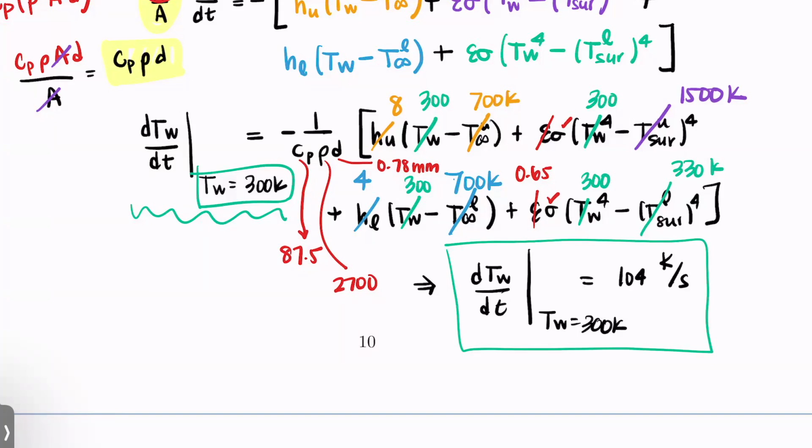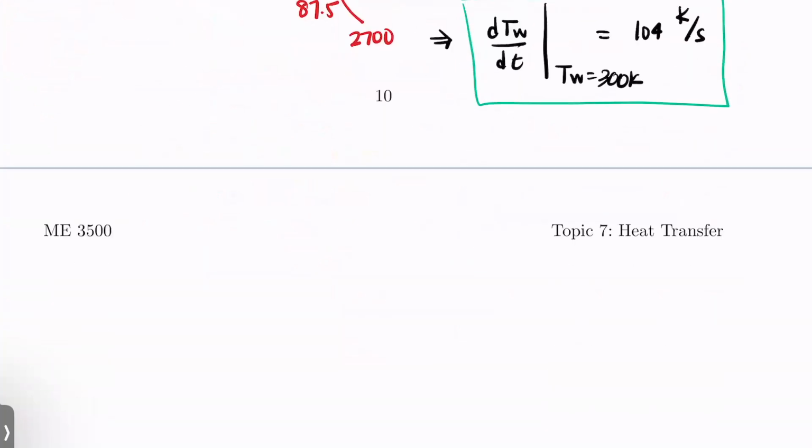We also wanted to find the steady state temperature of the wafer. Does anybody have any ideas on how we might do that? So what happens when something's steady state?